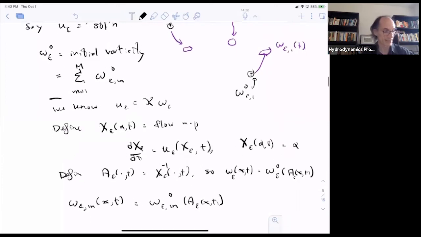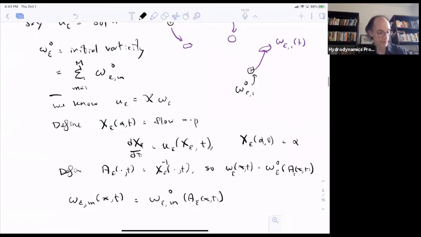Okay, and so this exactly says that I look at the points who started out in the support of the mth blob, and I look back at time 0. I ask, was x in the mth blob? If yes, I assign that vorticity. So here I really just partition the vorticity up and ask how each piece moves. So omega epsilon m0 is omega epsilon 0 times the characteristic function, the function that is 1 on the ball of size epsilon around the point p m0.